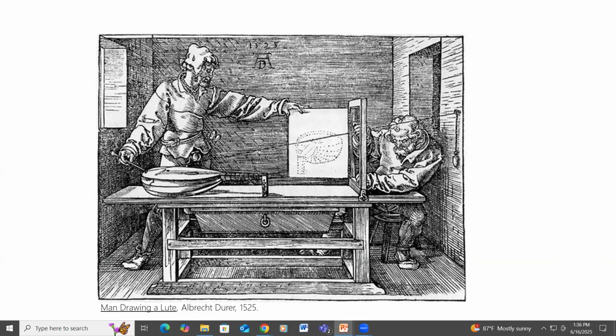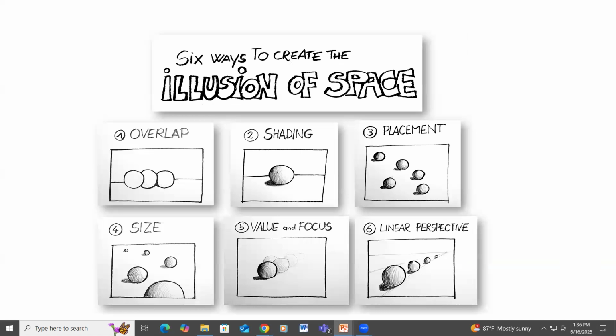And because of the unit on printmaking, and we saw images like this image by Durer in the lecture on printmaking, it seemed like a good time for us to be talking about this issue.